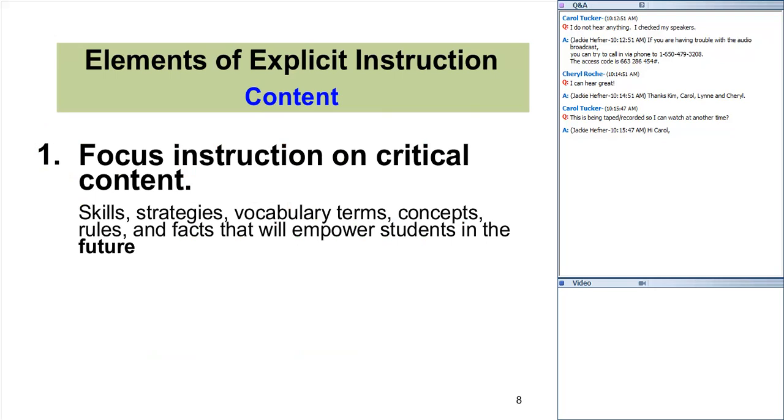Now this is in general ed, it is in Tier 2, it is in Tier 3, that we would look at skills and strategies, ways of doing things that would really empower children, that we would look at vocabulary and concepts that they could use in the future, that we would teach them rules and facts that would empower them in the future.